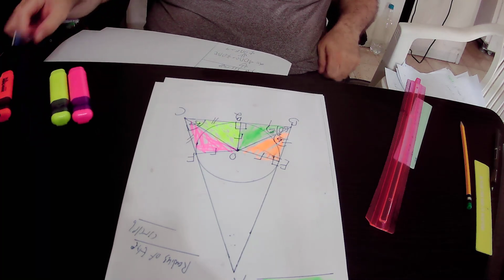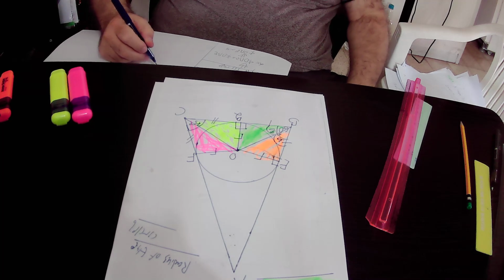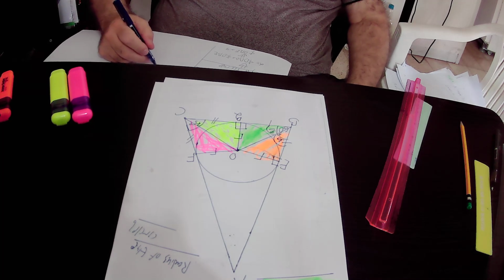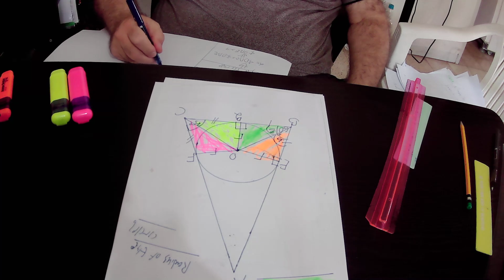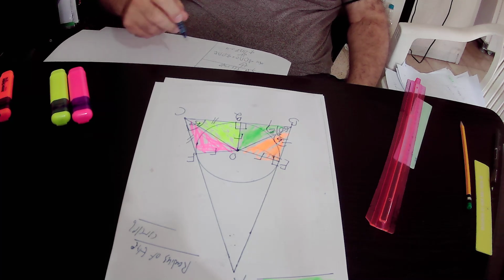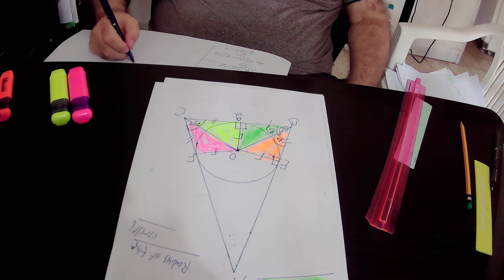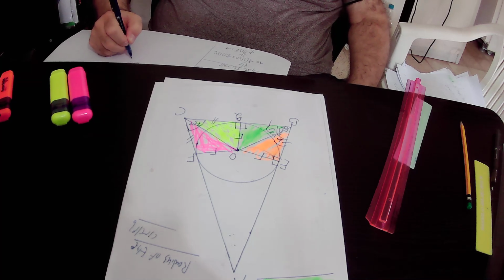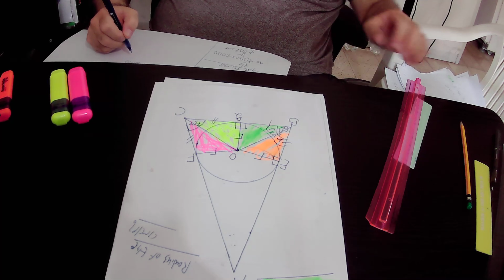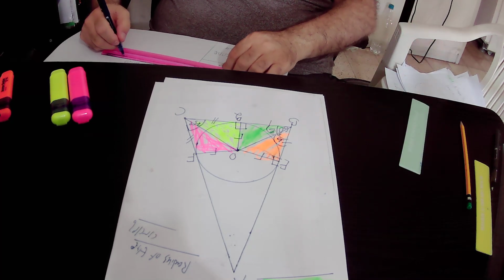I write it down: triangle DOC and the pink triangle OFC are congruent to each other. So those two triangles are congruent to each other.